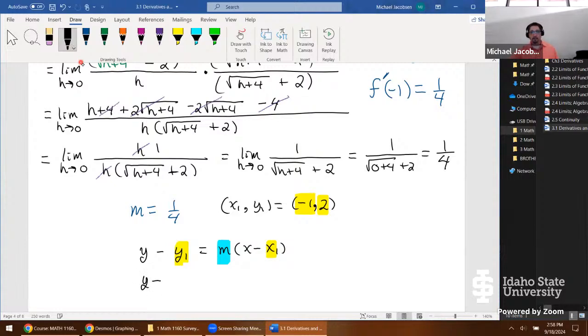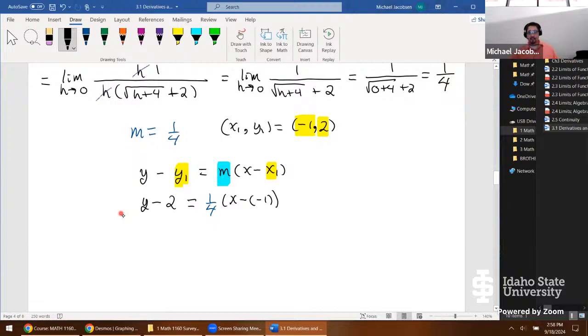So this will turn into y minus 2 for the y1, the second coordinate here, equals 1/4 from the slope, multiplying x minus -1 from right up here, coming from the original point. So we'll simplify that down and get a tangent line. Fractions are kind of inconvenient, but no big deal. We'll distribute through. It'll be 1/4 times x.